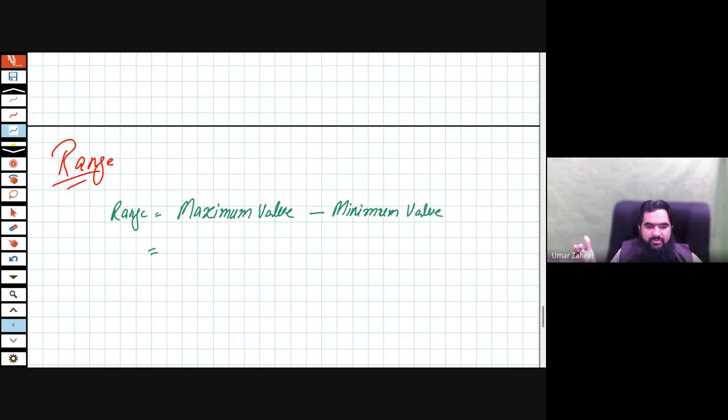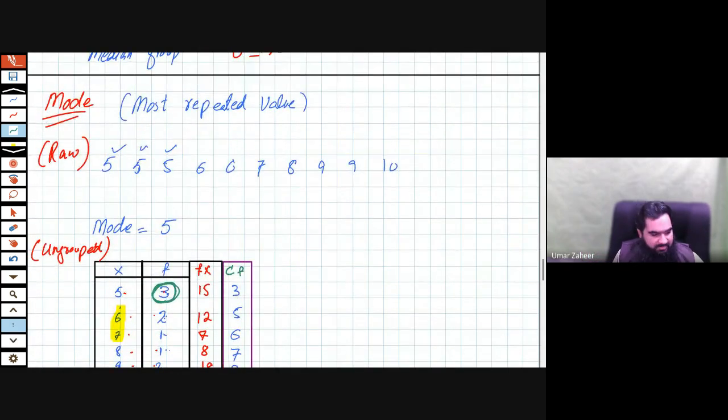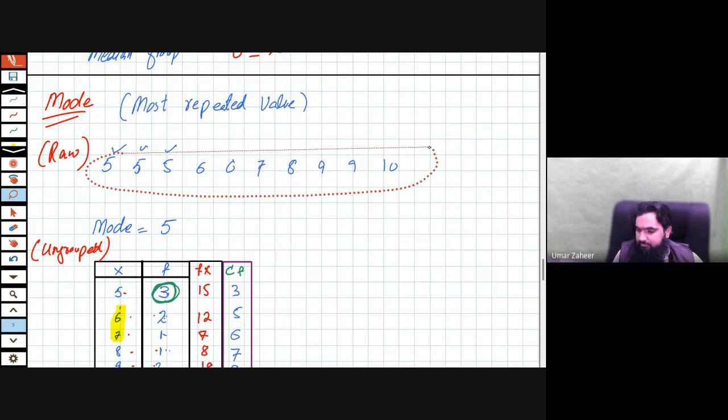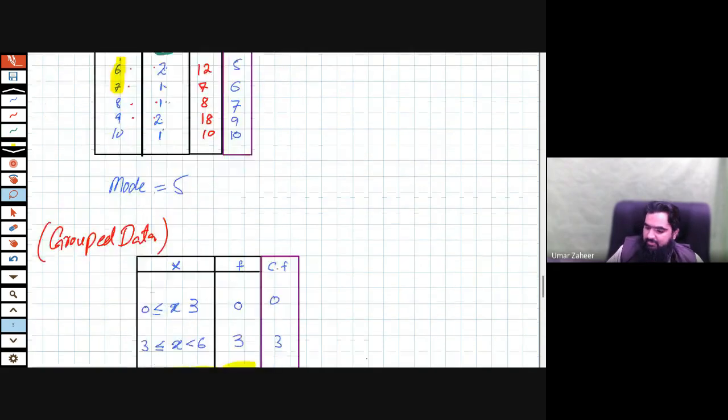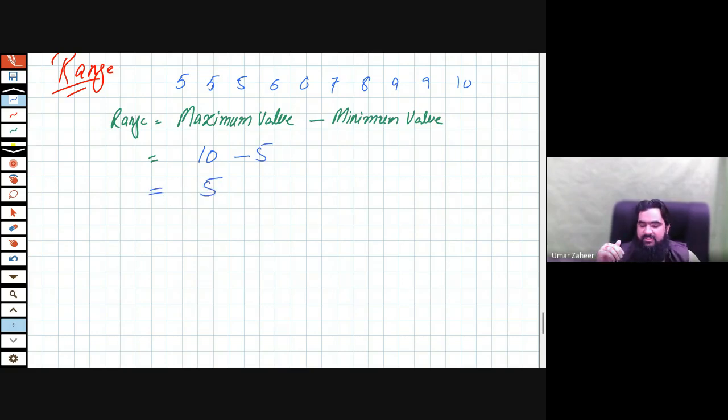You are mostly going to find it in the raw data and the ungrouped data. So let's say I'm taking this one. Look here, the maximum value is 10 and the minimum value is 5. So 10 minus 5 is 5. So the range of the data is 5 here, right?